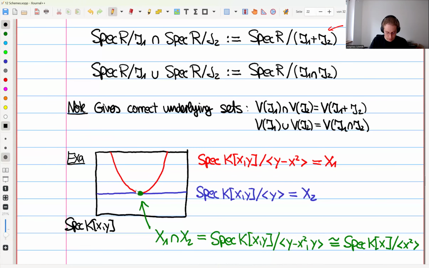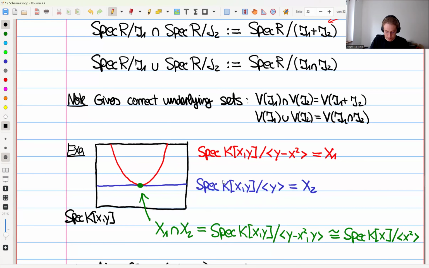The corresponding vanishing locus is in red here, and one cut out by the vanishing locus of y, so this x-axis here. Then if you take the intersection of these two things, by this formula, you should take the spectrum modulo the sum of the two ideals. So it's just this ideal here.